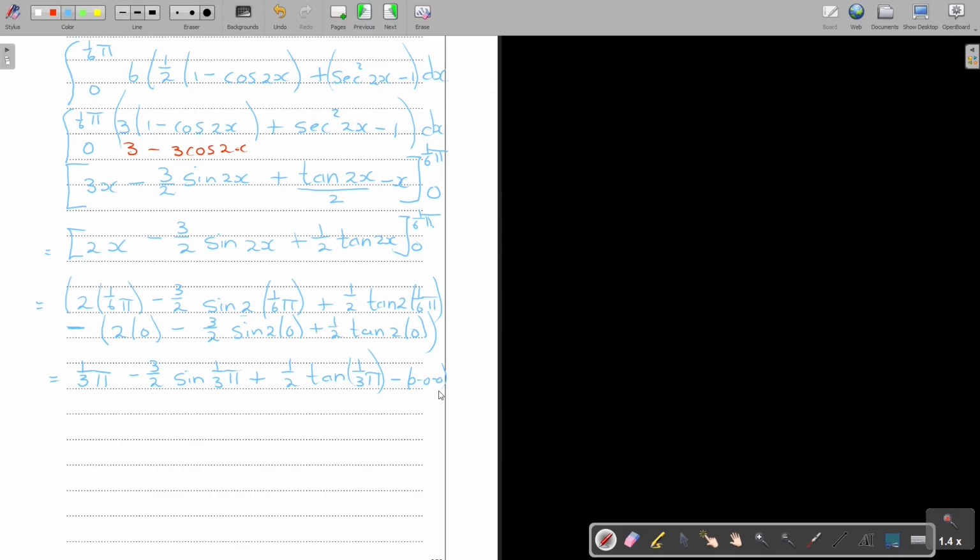So all that, because it's multiplied by 0, will become 0. Okay, so now I go further. Now here is not a ratio, so it's 1 over 3 pi, not sin or cos or tan. But now I go to my special angles.